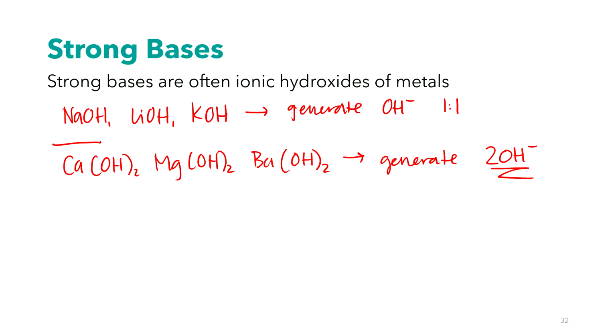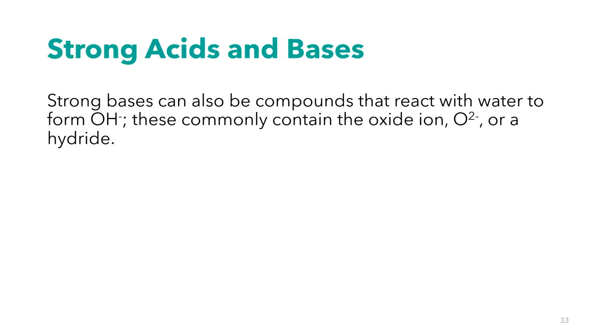I have two sneaky strong bases that I want you to know. One of them is the oxide ion, and the other is the hydride. So if I put sodium oxide into water and it dissolves, I'm going to get 2 Na plus and O2 minus.